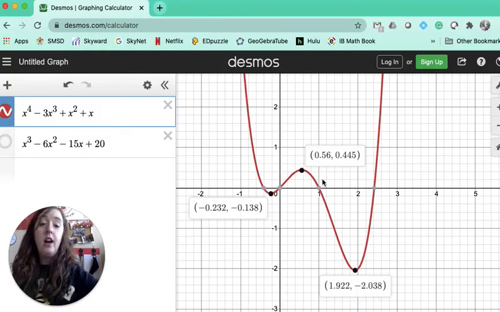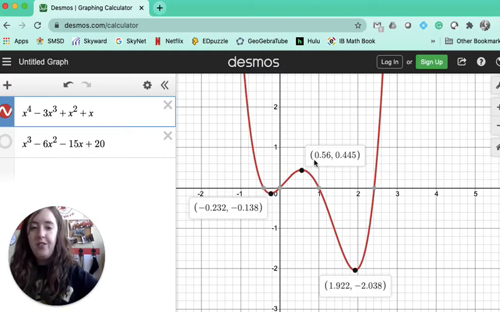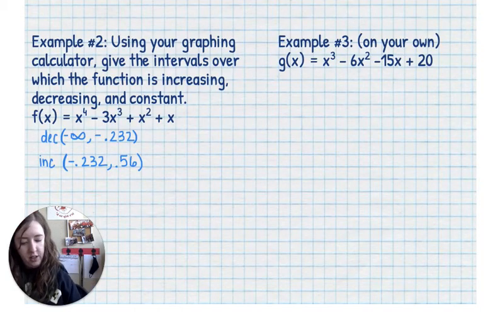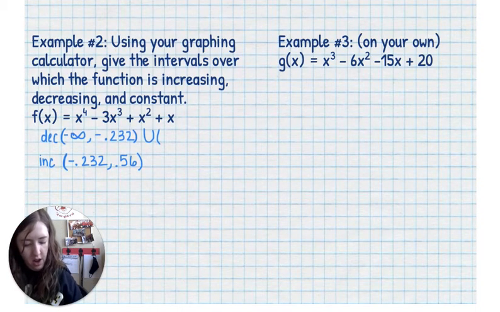After that, my graph starts going down again. So I'm decreasing, right? I'm decreasing from that x value of 0.56 to that new x value of 1.922. So I have to put a little union on here, from 0.56 until 1.922.